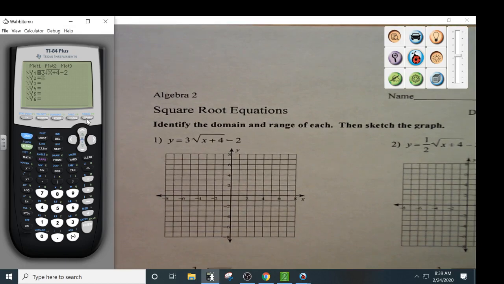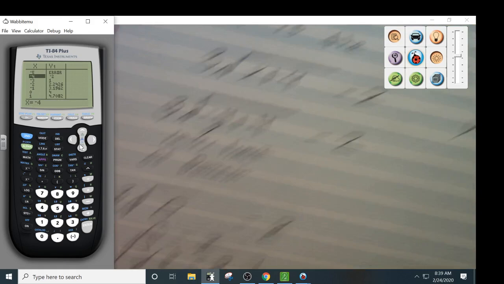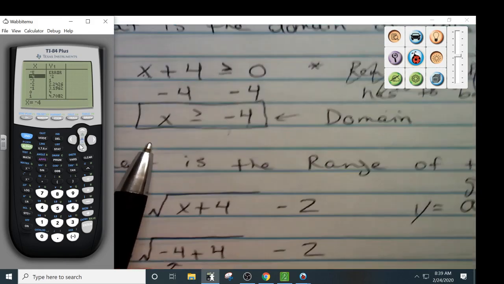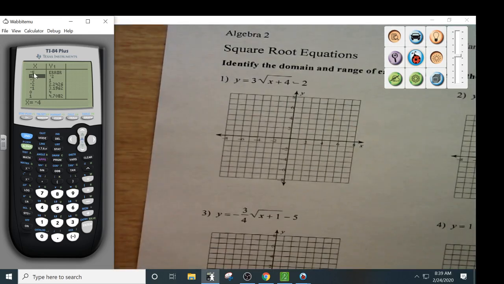Then we're going to go to our table. Now remember, guys, the lower limit of our domain was -4. Does everybody remember this? Our domain, x values greater than -4 was our domain. Notice, guys, what happens when you go beyond, if you go less than -4, what do you get on the y value? You get error. That's another good way of telling you what your domain is. If I'm looking at this and I say, well, when I go to -4, I get a number.